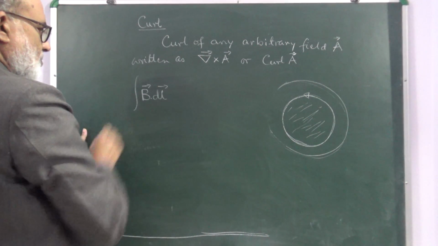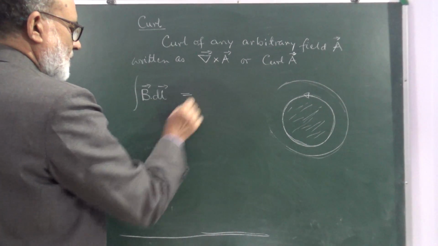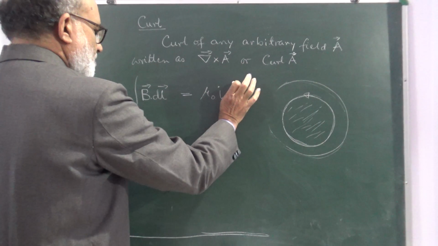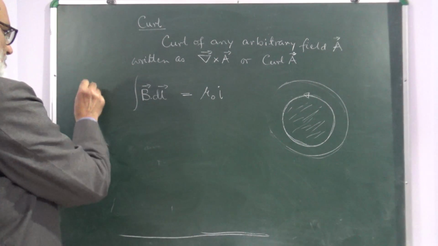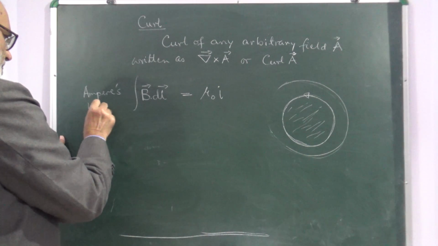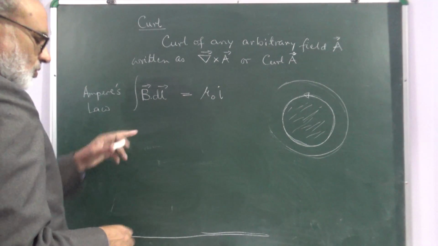This is Ampere's law: the line integral of the magnetic field results in a current I. So this is one of the examples.